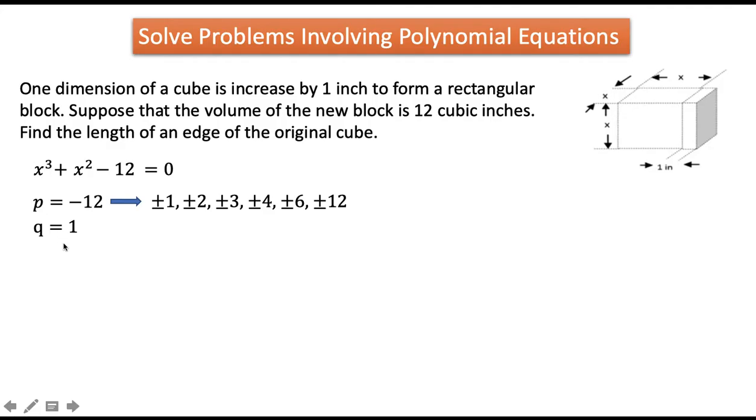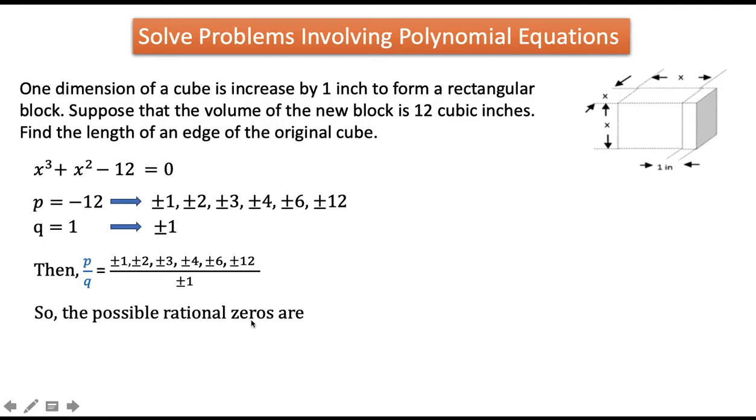So the factors of 1 are positive 1 and negative 1. Now, to get all possible zeros, we take the ratio of p and q, p divided by q. By dividing them, we get the possible rational zeros: plus minus 1, plus minus 2, plus minus 3, plus minus 4, plus minus 6, and plus minus 12.